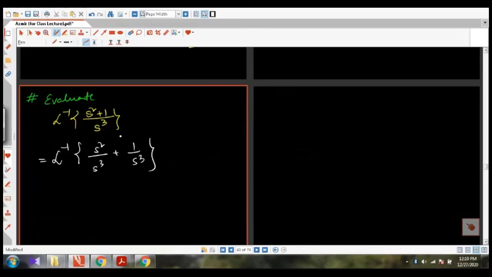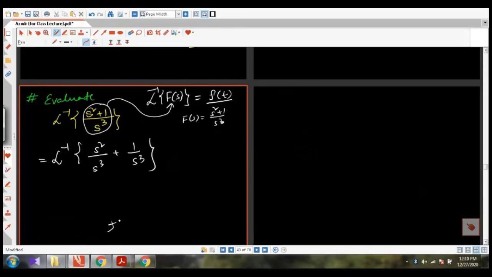This is simple algebra. You know that the inverse Laplace transformation of capital F of s will give us a function in the time variable. Here capital F of s is (s squared plus 1) over s cubed. If we apply the inverse Laplace transformation, we must reach a time variable function; the s variable will automatically be converted to the time variable.